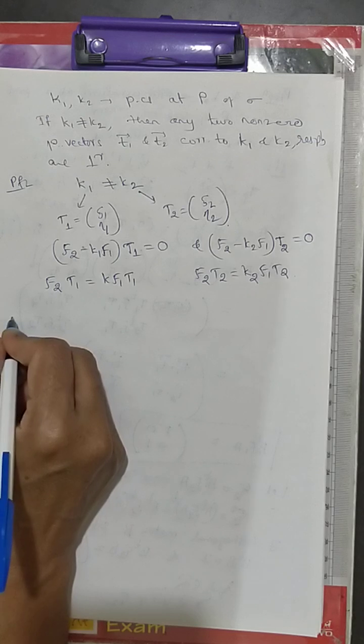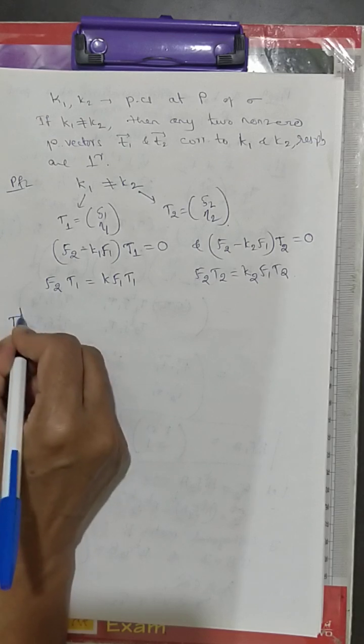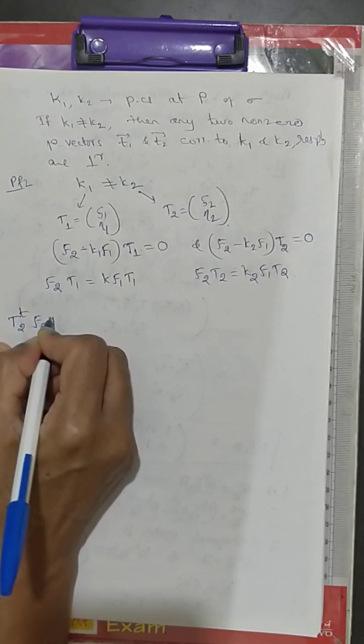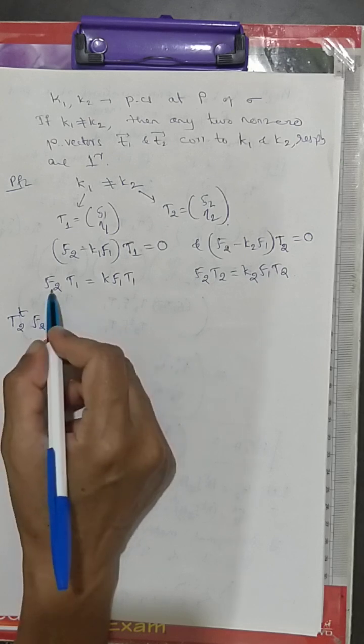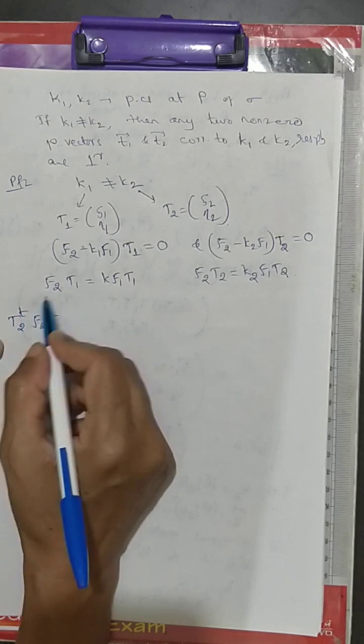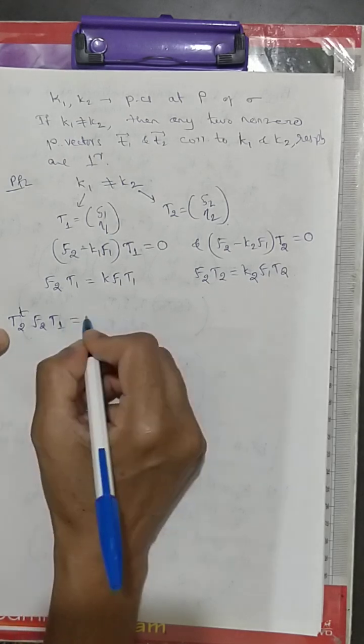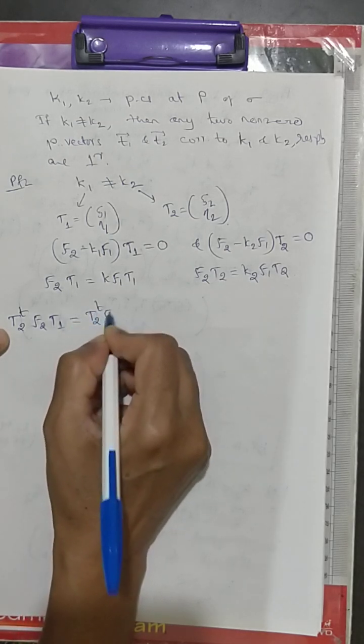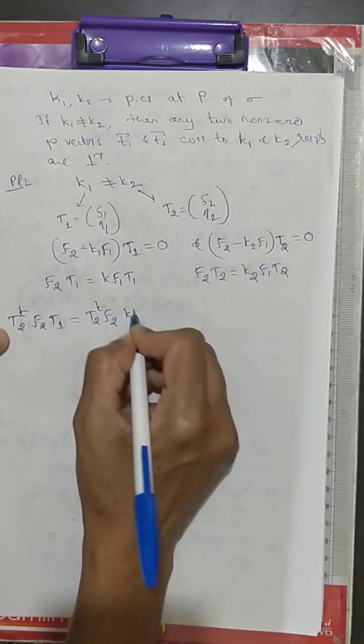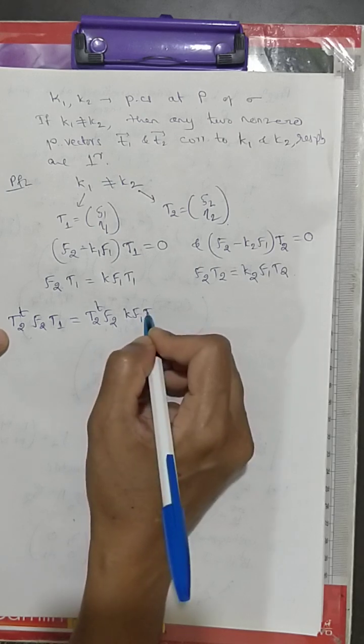Okay, so now let us consider t2 transpose F2 t1. I am just multiplying by t2 transpose here. So t2 transpose F2 t1 is equal to t2 transpose k1 F1 t1. I can take k1 out, so k1 t2 transpose F1 t1, correct?